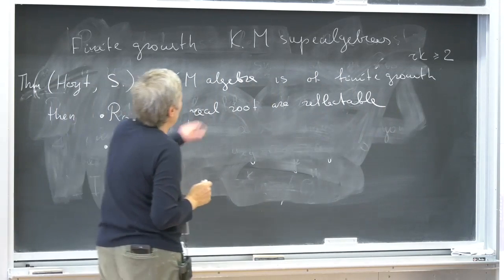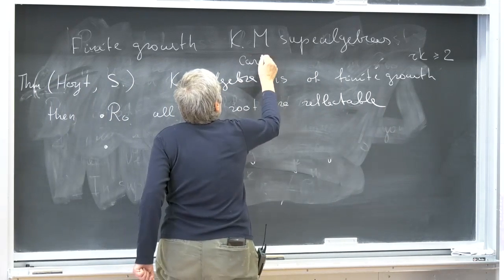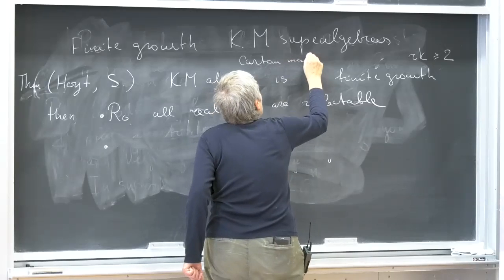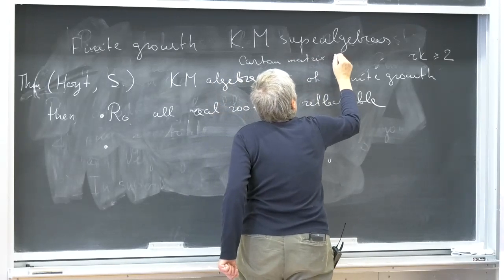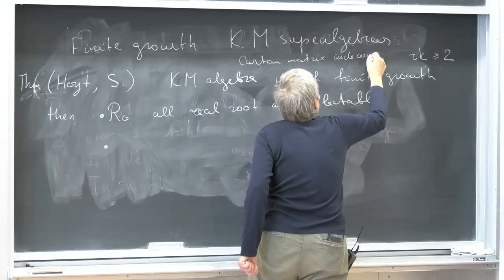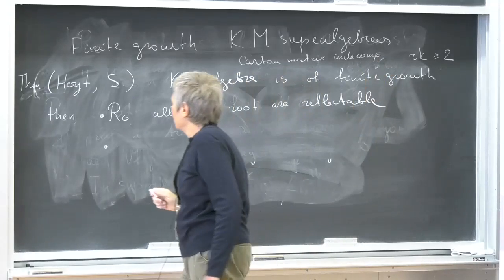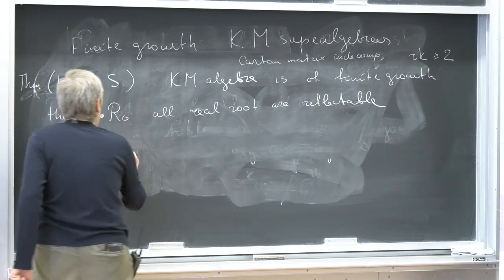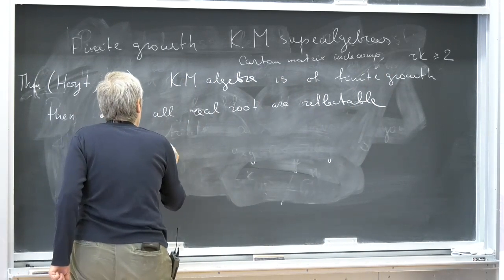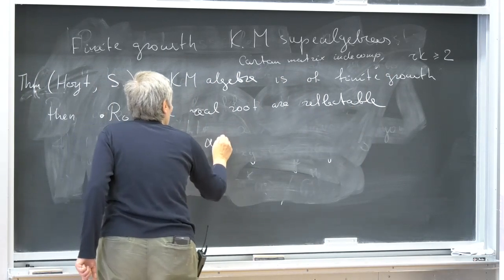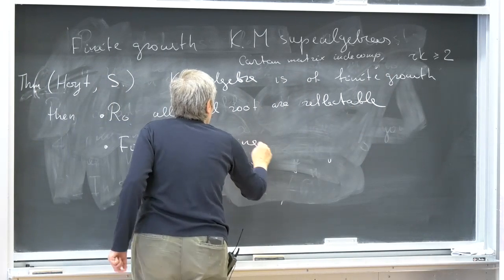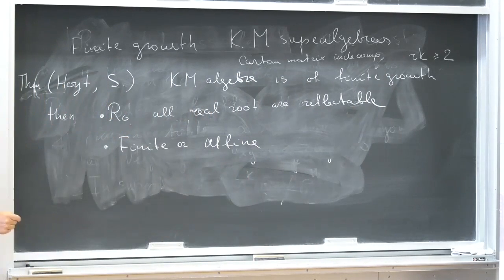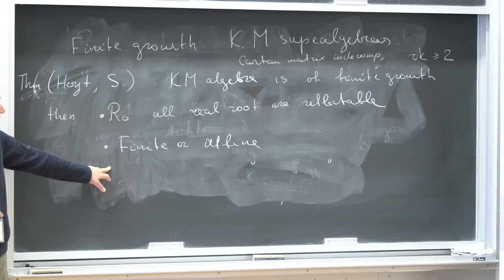I also assume that the Cartan matrix is indecomposable. The second thing is that it is of type finite or affine. So it's finite or affine. Okay, and then Crystal classified all affine.